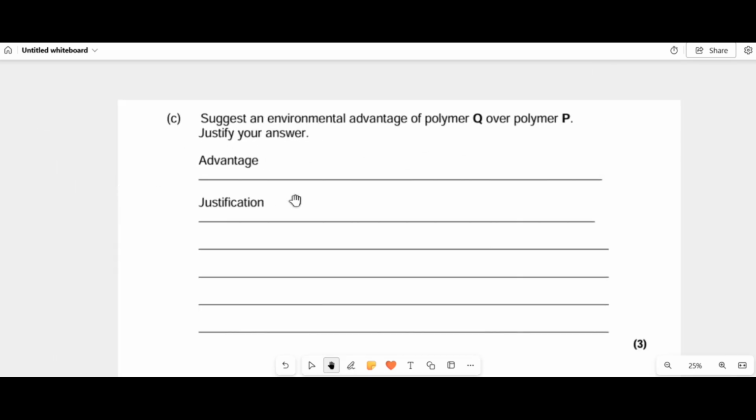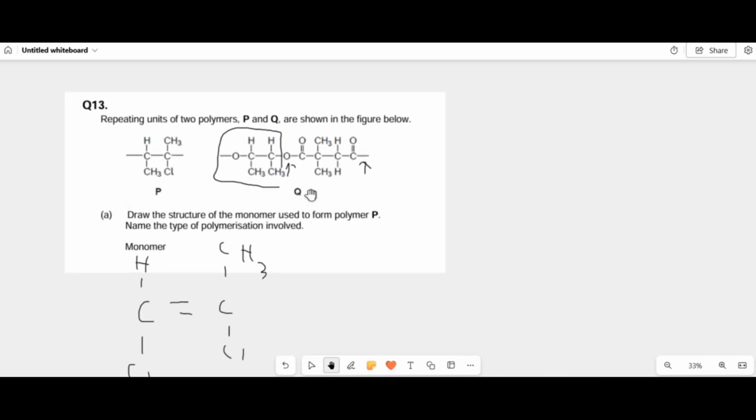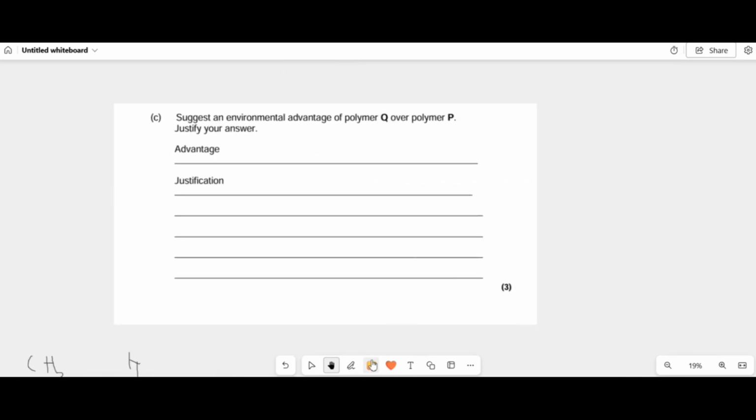Alright, C. It's just an environmental advantage of polymer Q. If you look at polymer Q, it's got COO bonds. Those are polar. It's going to be delta positive, delta negative, which means that they're going to be susceptible to nucleophilic attack. And P obviously doesn't have any of that, it's just a straight chain. So just say that it's biodegradable.